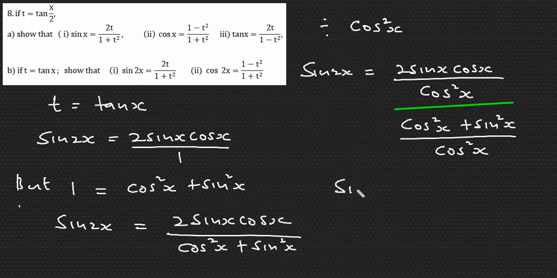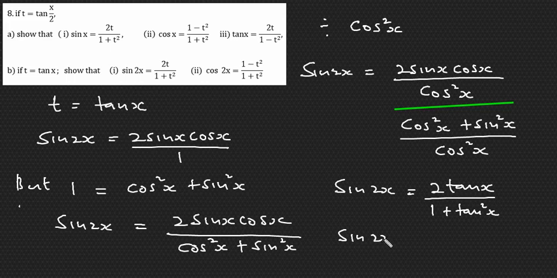So our sine 2x will be equal to, this cos cancels the cos here, so we get 2 tan x over, now down here we shall get 1 plus tan squared x.